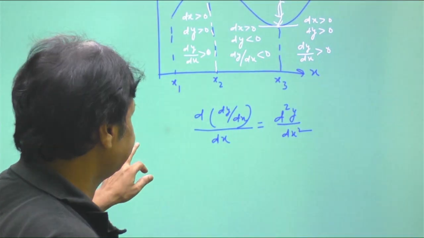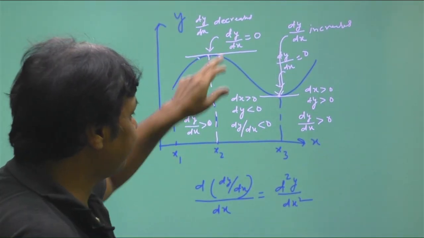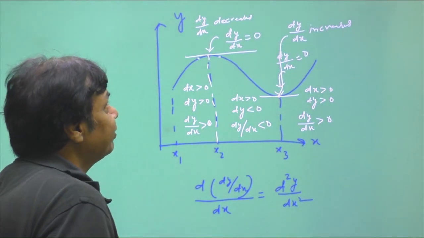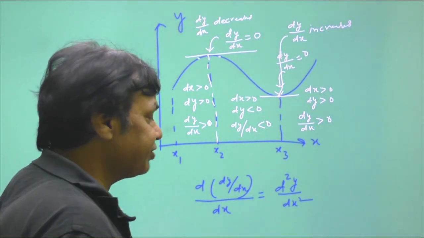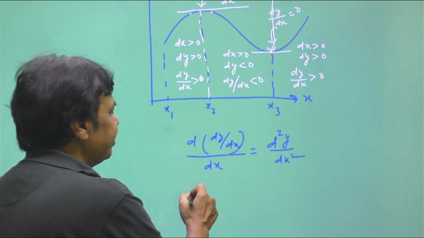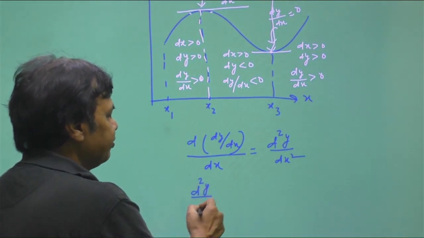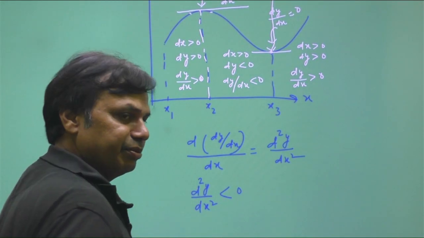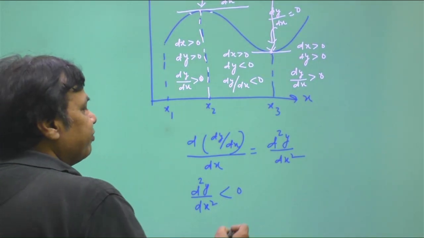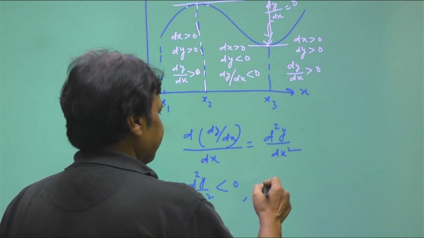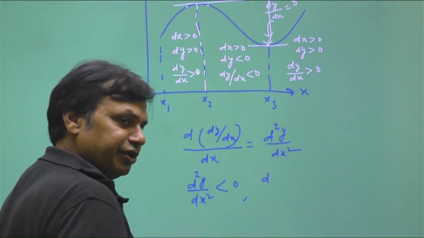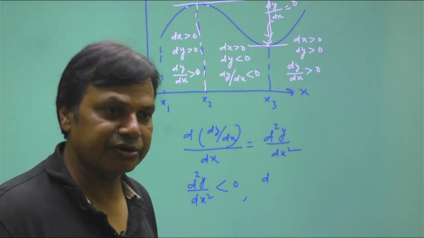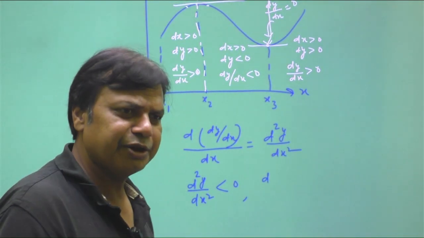And if our variable is dy by dx, and if dy by dx is decreasing, then the derivative of dy by dx, that is d2y upon dx square, must be less than 0, that means negative. And if dy by dx is increasing somewhere in a vicinity, continuously increasing, dy by dx is either continuously increasing or continuously decreasing. It may become 0 at a point.